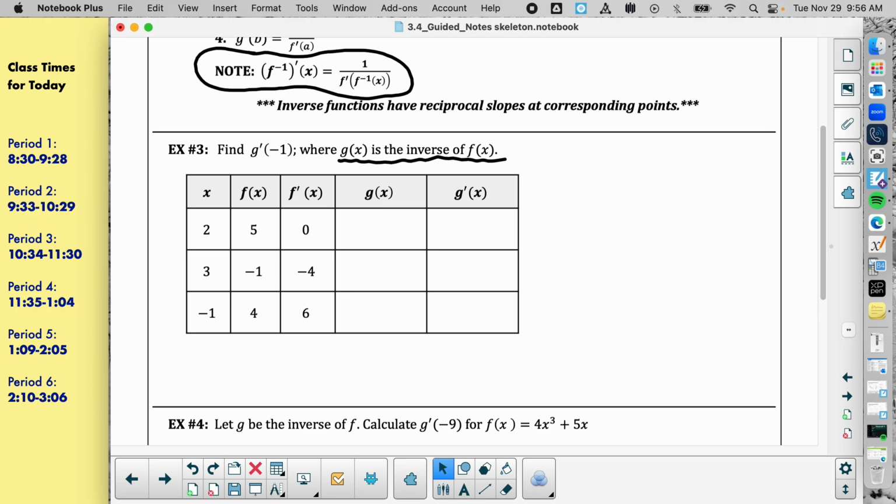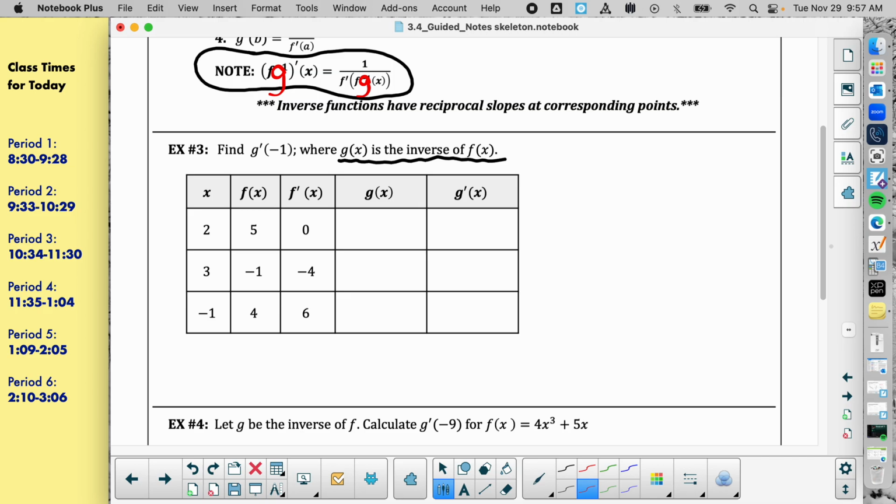Okay, so it says find G prime of -1. So up here, wherever it says F inverse, I would do G, because G is the inverse.